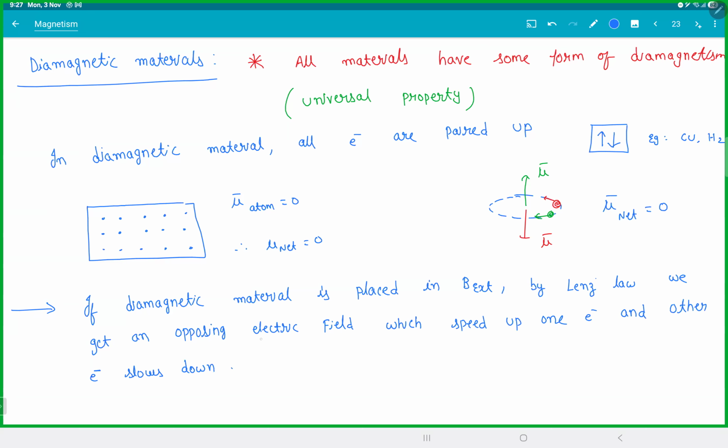Since both the electrons are going at different speeds, what will happen? They will create a net magnetic moment. So they'll not cancel out anymore. This creates a net magnetic moment.